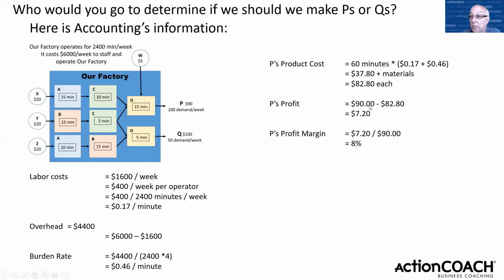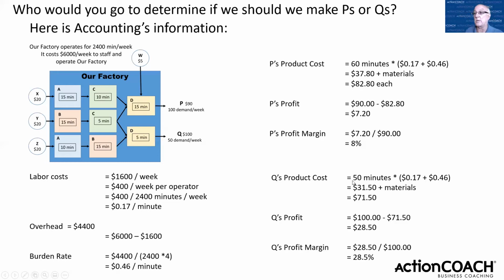P's profit, therefore, is $90 in revenue minus $82.80 in costs is $7.20. All right. P's profit margin, therefore, is $7.20 divided by 90. It's 8%. Right. So that's the way accounting would typically look at this problem.